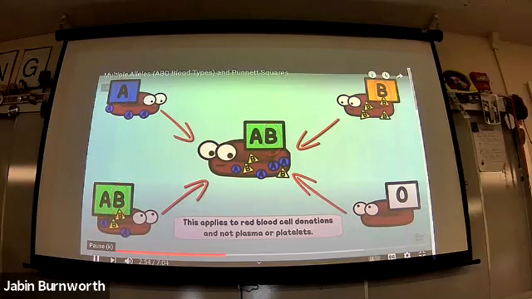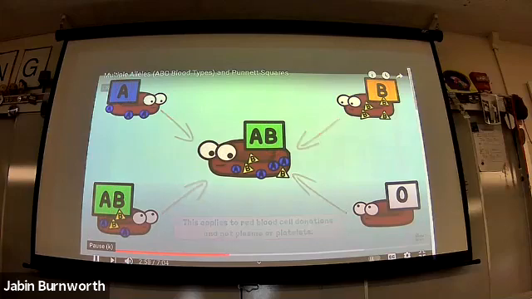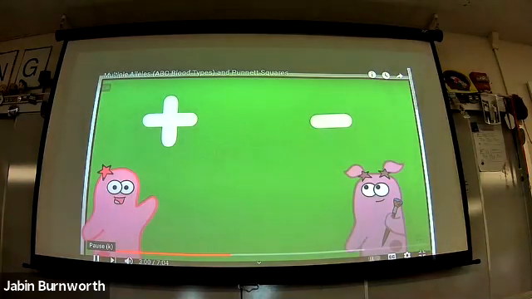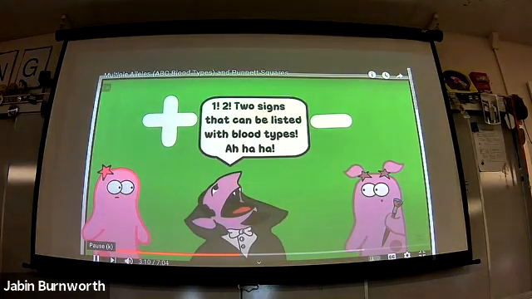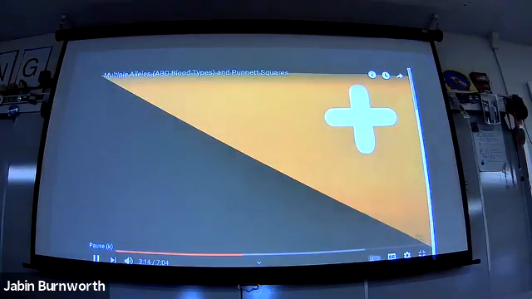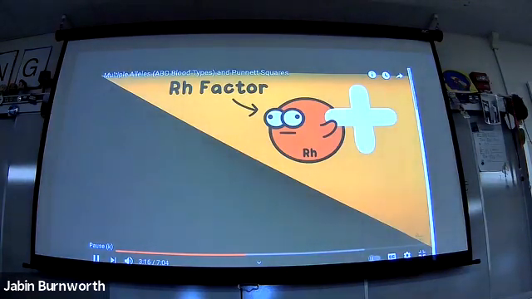They can receive blood from type O too because there's not any antigens to even worry about. Now, one thing we do want to add that makes all of this a bit more complicated: blood types also have a plus or minus sign listed by the blood type. This makes a big difference with blood donations. If you have a plus, it means that you have this other little protein called Rh factor on the surface of your blood cells.